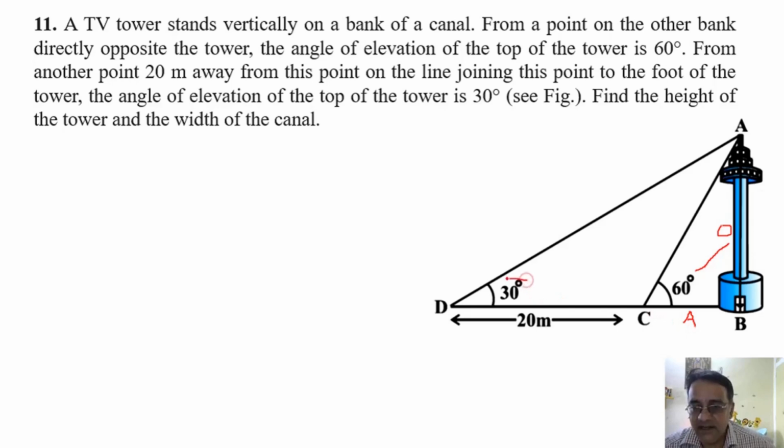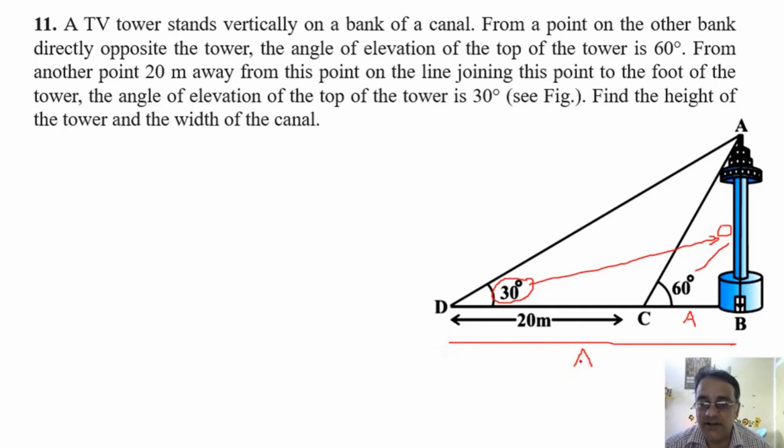And again, in the right triangle ABD, with respect to this angle 30 degree, this is the opposite side, and the side BD is adjacent. So here also we will compare these two only, opposite and adjacent. Which trigonometric ratio will you use? Tan theta.